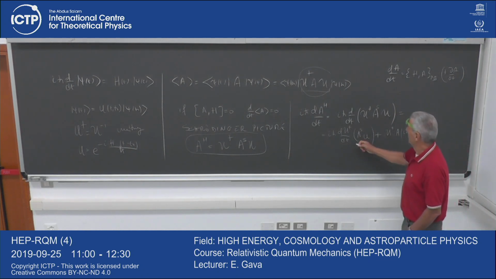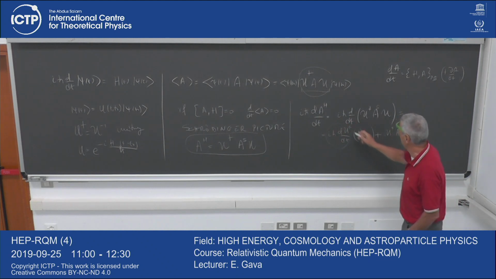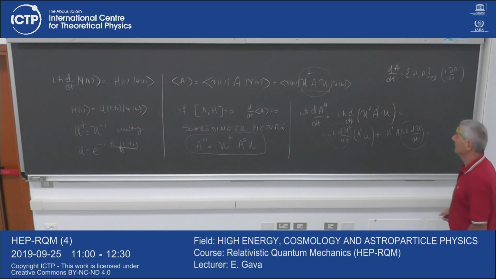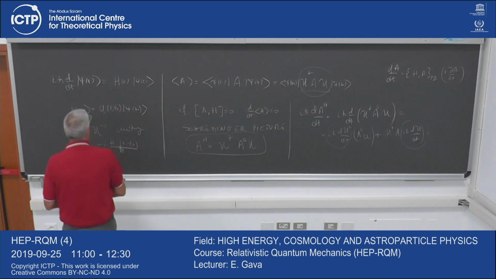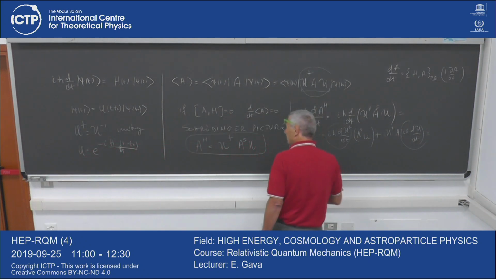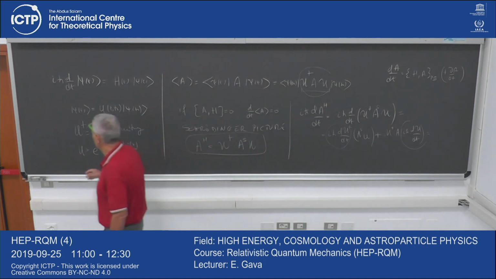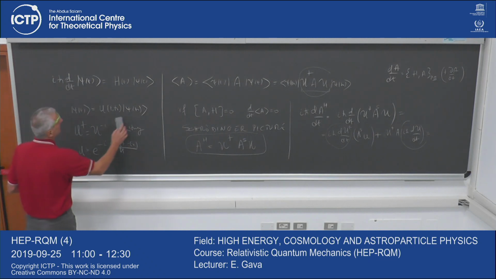But we know what the equations for U are, no? Remember that the Schrödinger equation is nothing but what we obtained for the time evolution operator, right? For the time evolution operator, we got an equation very similar to that.